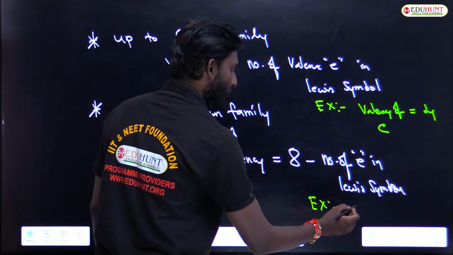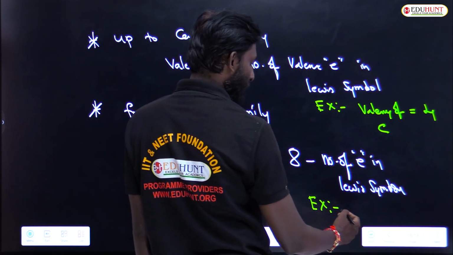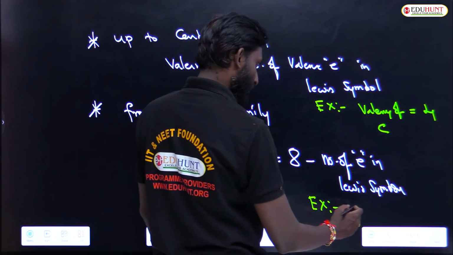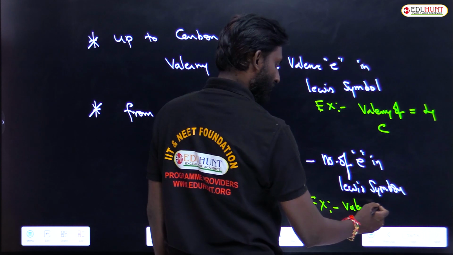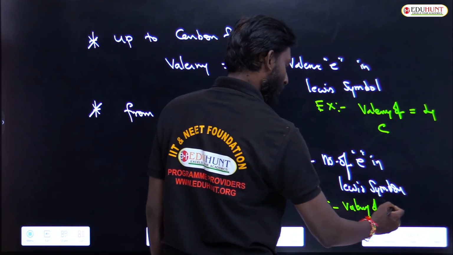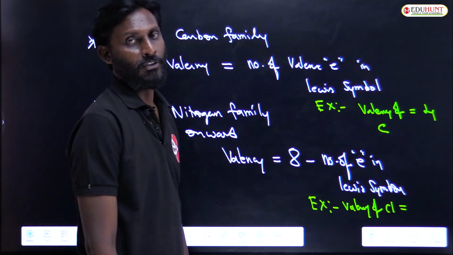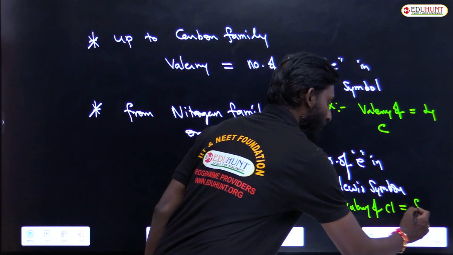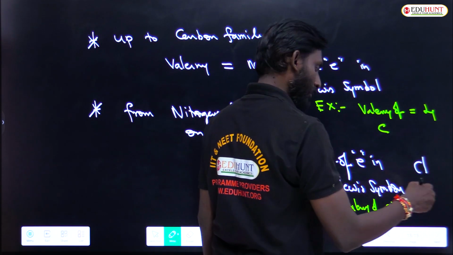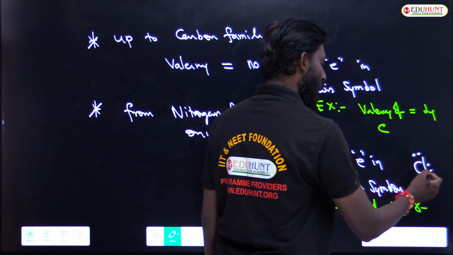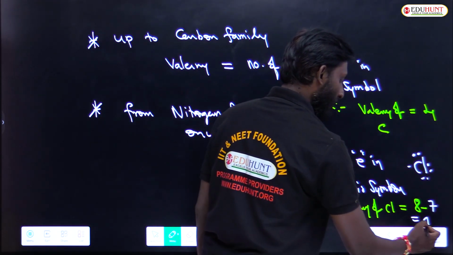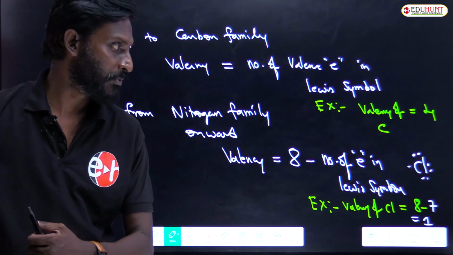Example for this: valency of chlorine is equal to 8 minus, then the Lewis symbol of chlorine will be the element symbol with 7 valence electrons. 1, 2, 3, 4, 5, 6, 7. Total valence electrons are 7. 8 minus 7, you will get 1, like that. Okay, I hope you understand. Please note it.